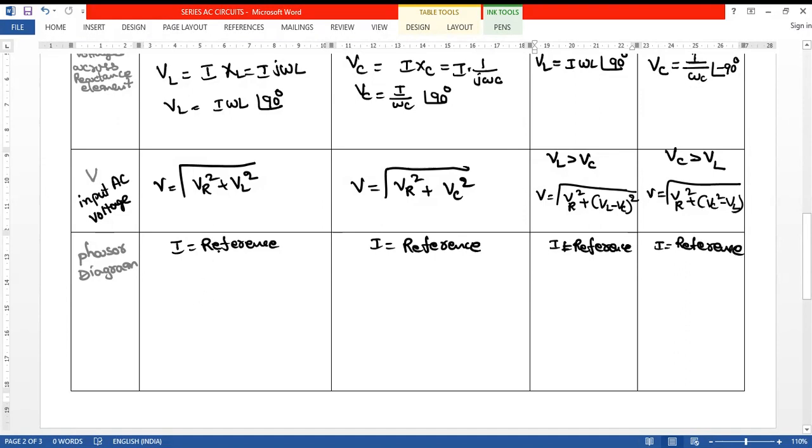So what is VL? VL is equal to I omega L at an angle of 90 degrees.